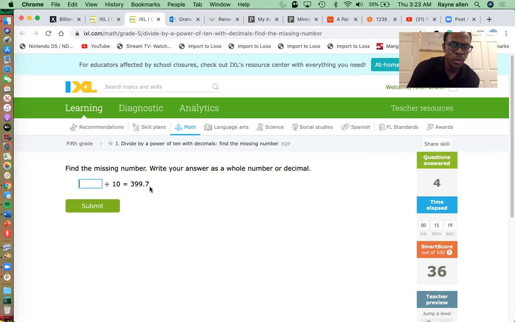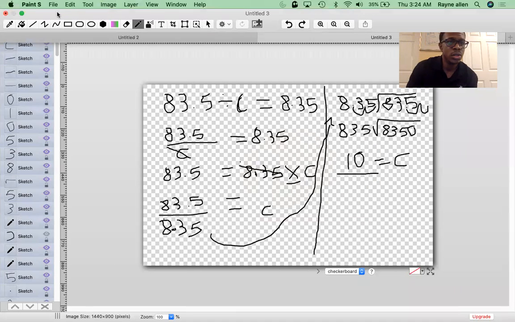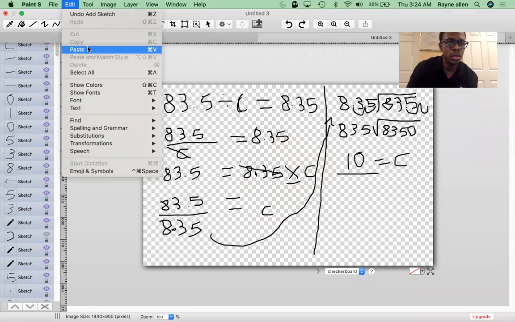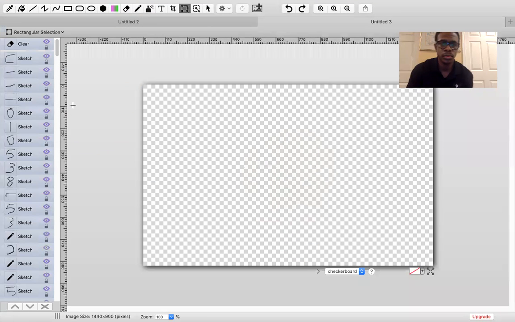So whatever the answer is, it was moved to the left once. So we're going to do the opposite and say it was right here, move to the right one. So it was right here, 3,997. Move 1 to the left to get it here. But let's go ahead and work it out just to make sure it is correct.